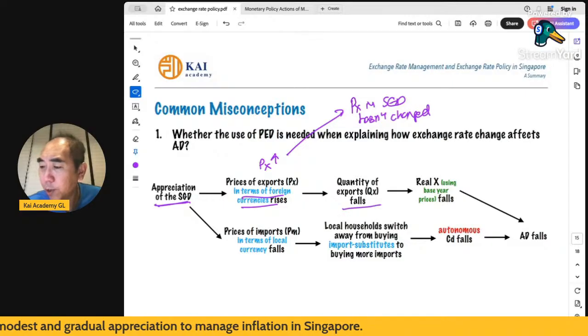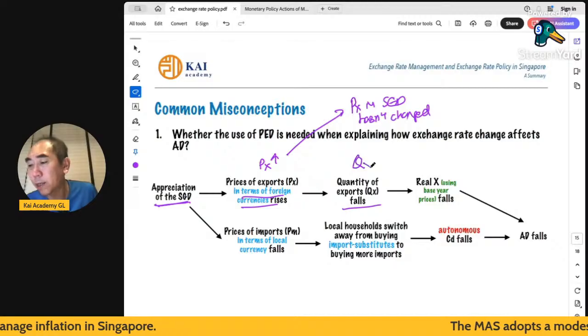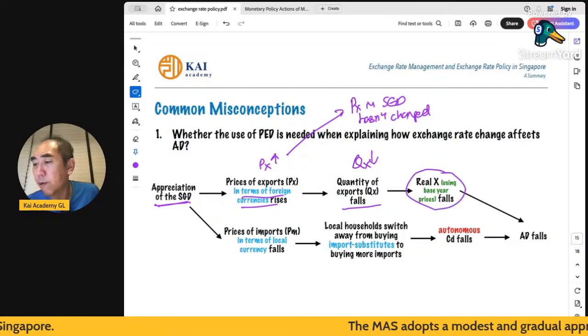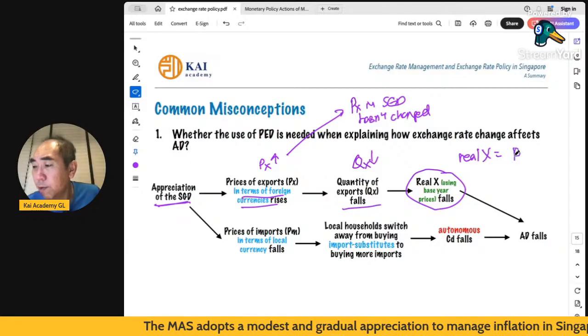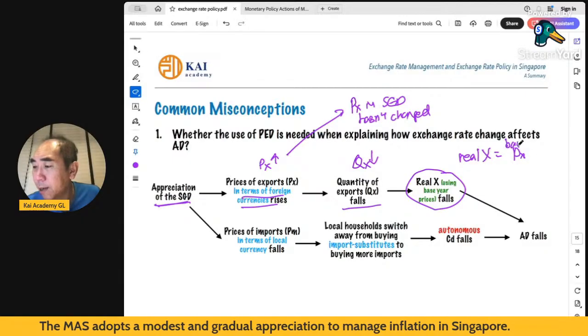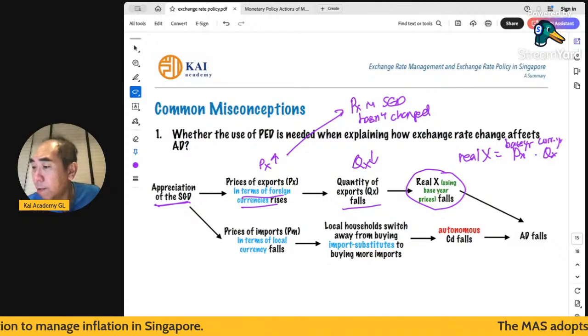But the foreigners respond to your rising price in their currency by buying less. So QX is falling. So what is real X? Now, real X of Singapore is actually not even current X, right? It's base year PX times current year QX. So current year QX is falling. Base year PX is not changing.